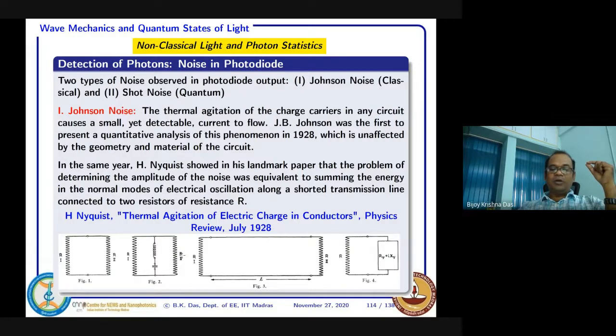So you have to give some energy to that side. But thermodynamically, when both are in thermal equilibrium, they cannot exchange their energy. So you cannot say that a particular frequency gives energy and another frequency compensates. That thing is ruled out.